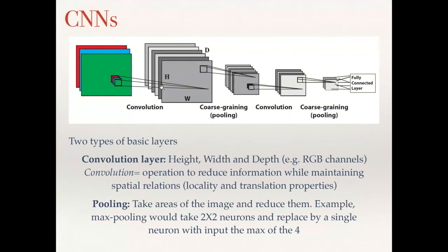Then you apply a set of transformations to this image, and these transformations are something that is called pooling, and the other is convolution. What is pooling? Pooling is simply trying to simplify the image.